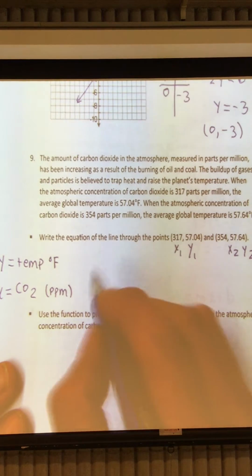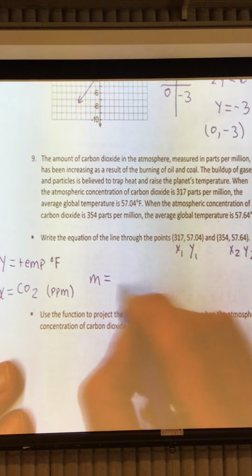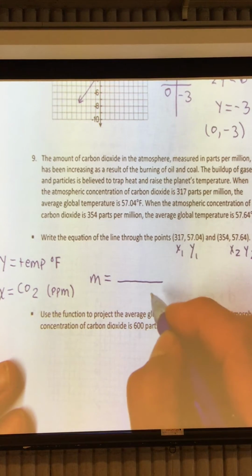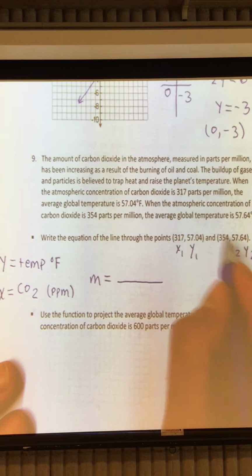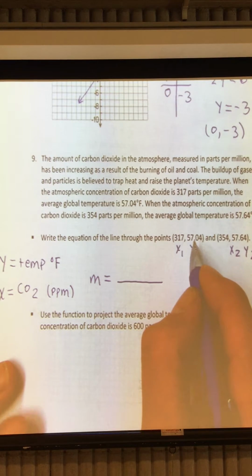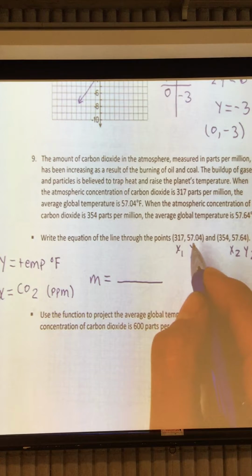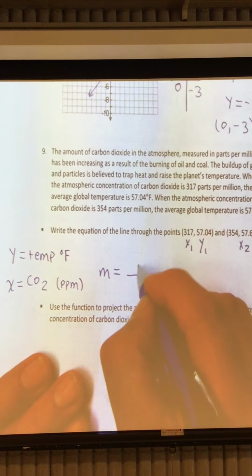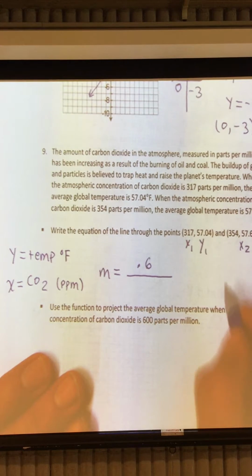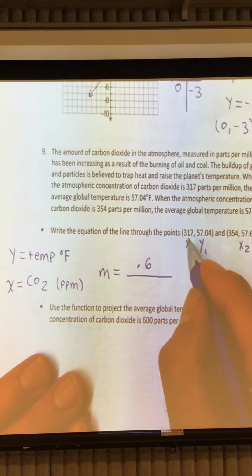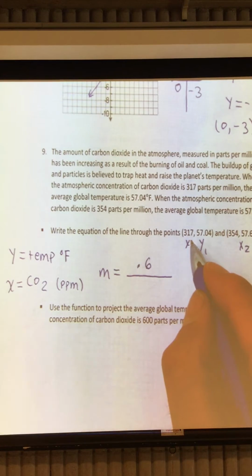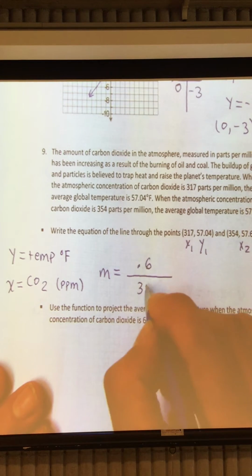And as before, we'll compute the slope using the slope formula. So we'll take the change in the y, 57.64 minus 57.04 is an increase of 0.6. So we'll have 0.6. And then 354 subtracted from the first x value, 317, gives us 37.